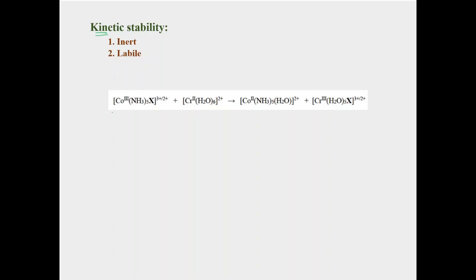So here the two complexes which are given are this cobalt complex and this chromium complex, and both are octahedral complexes, right? It will be labile if the coordination number is less than 6, that is, coordinatively unsaturated. And how we say it is inert or labile is that, this is an octahedral complex, and in an octahedral complex, the ligands approach this metal center from the axis.